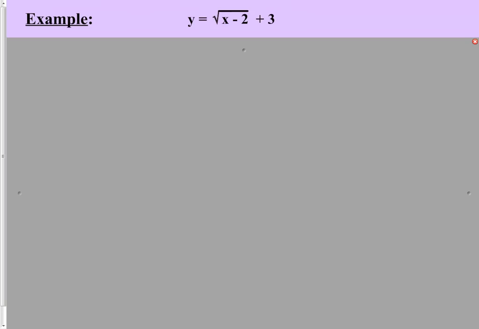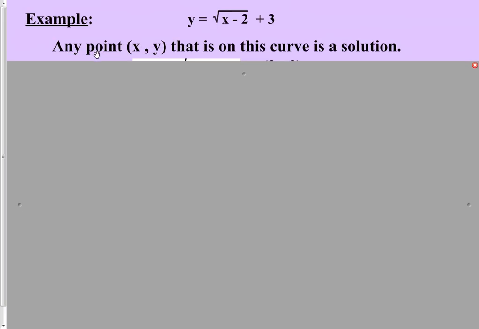Okay, so let's start off with an example here. This is a similar equation to what we have been looking at for the last week and a half: y equals the square root of x minus 2, plus 3. What we said is any ordered pair that actually exists on the graph of this square root function is a solution.